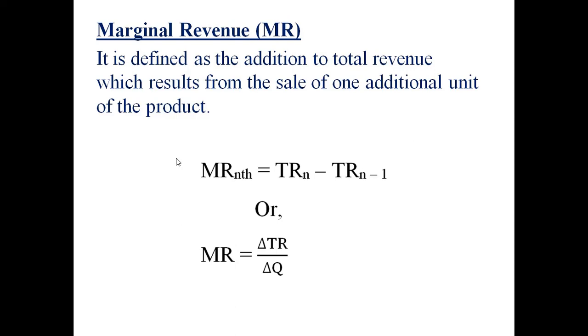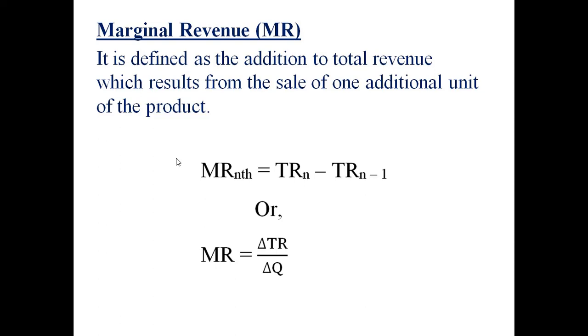Now the shopkeeper was about to close the shop and close the books of accounts. At that point, one customer approached and asked for an additional unit of the product, so he will sell one unit.